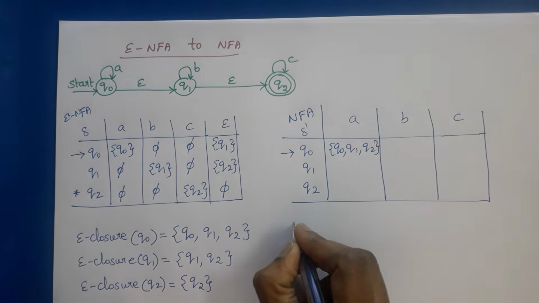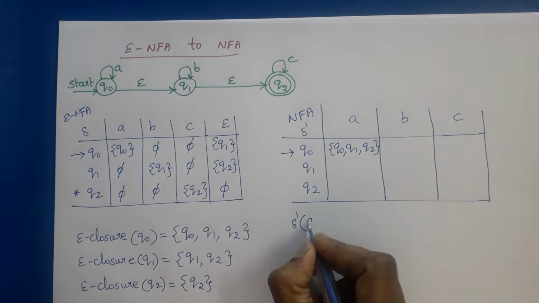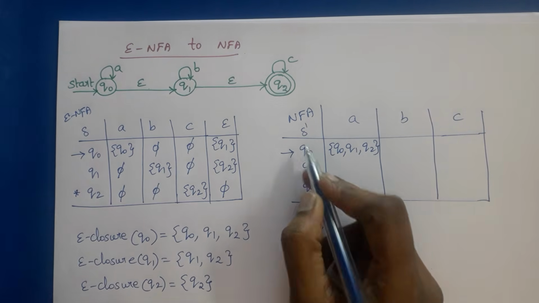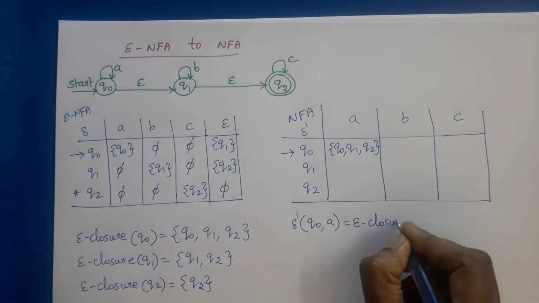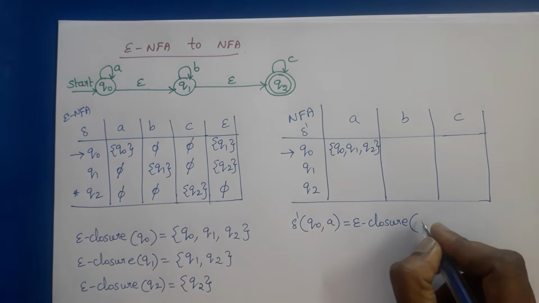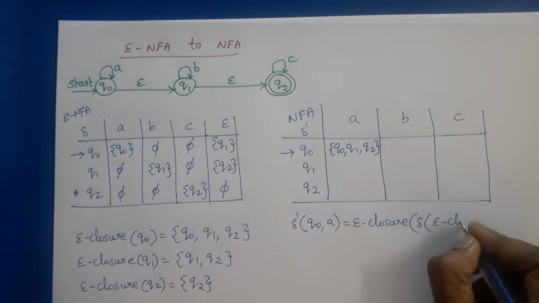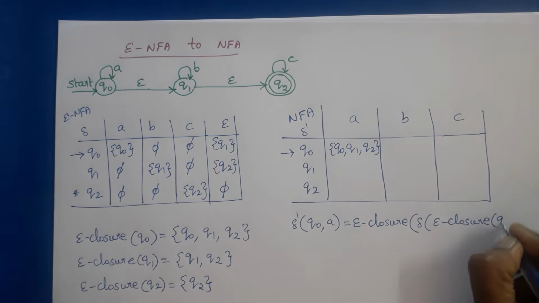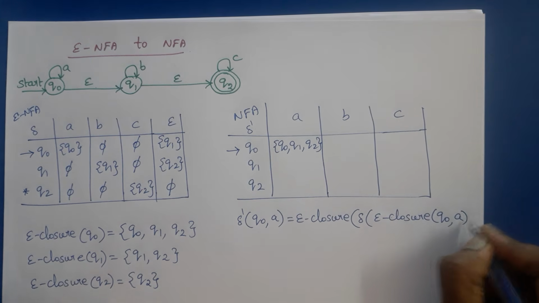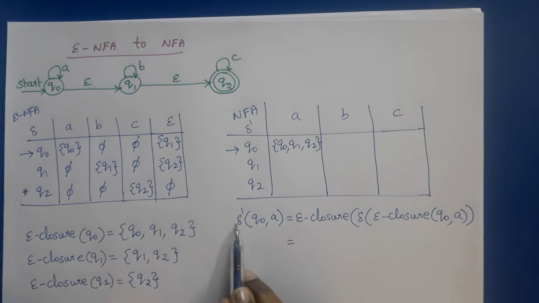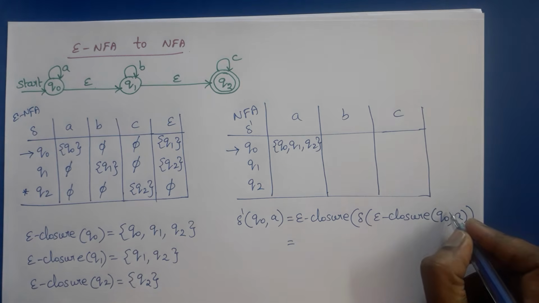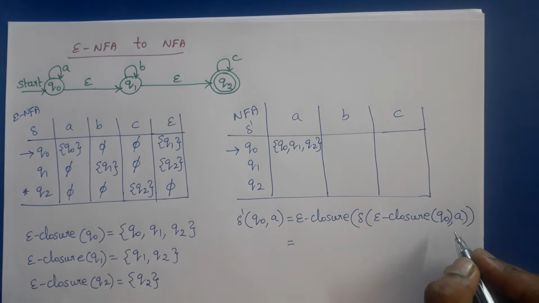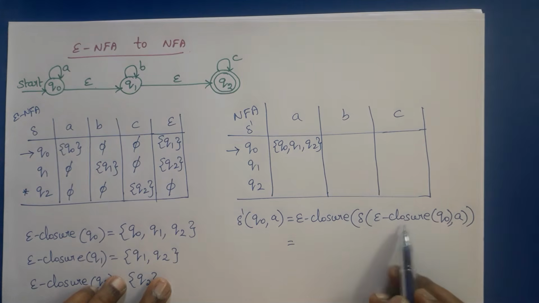So the formula for delta dash of Q0 comma A is epsilon closure of delta of epsilon closure of Q0 comma A. Delta dash of Q0 comma A means first we have to find the epsilon closure of Q0.